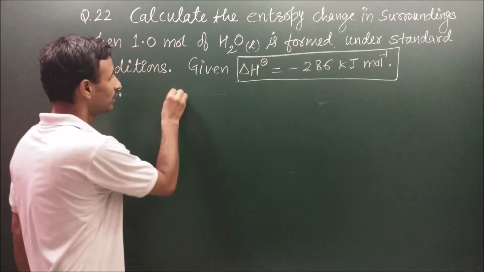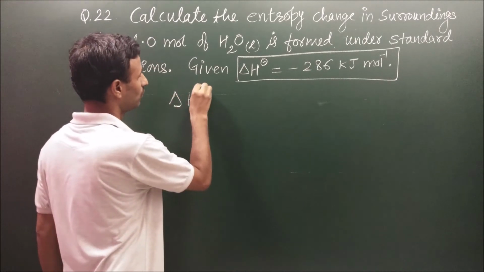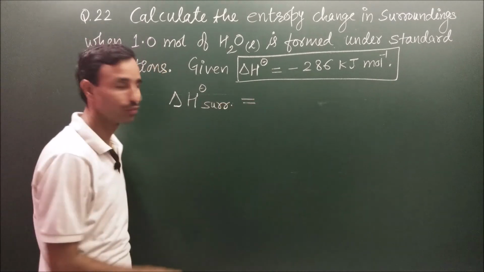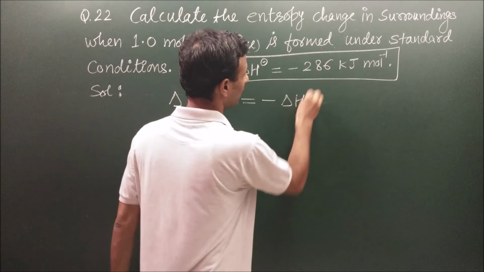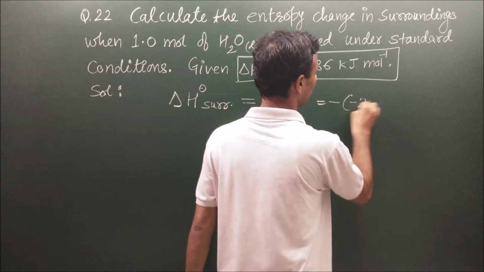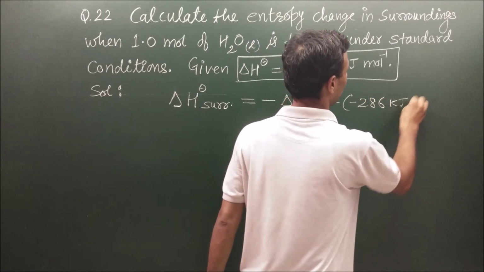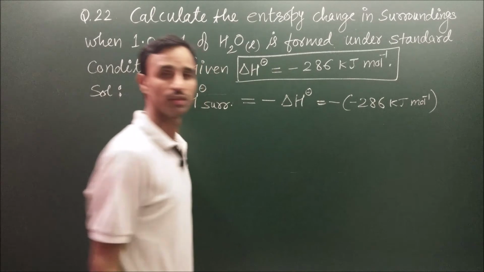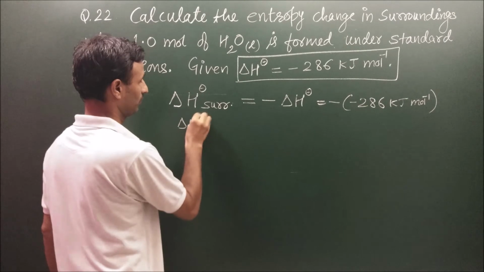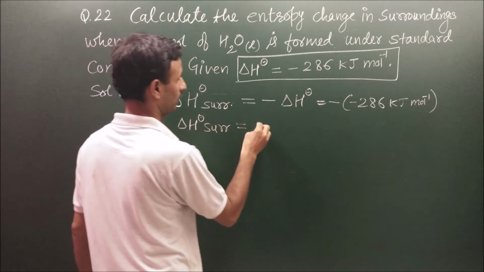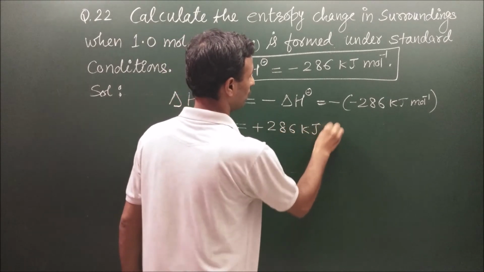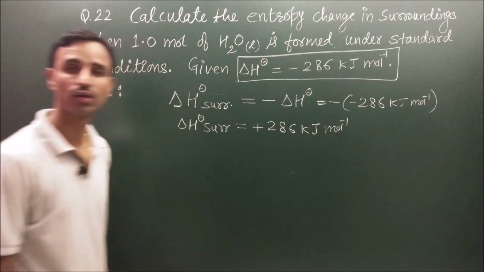So that implies delta H naught of surrounding is equal to minus of delta H naught, right? So it is minus of minus 286 kilojoule per mole. That implies it is plus 286 kilojoule per mole.